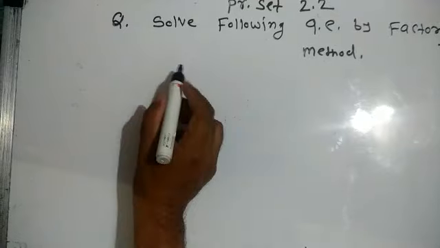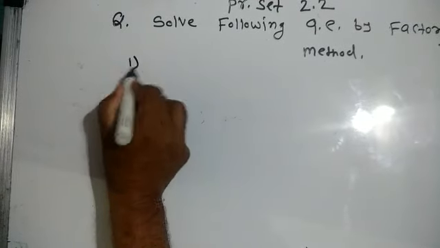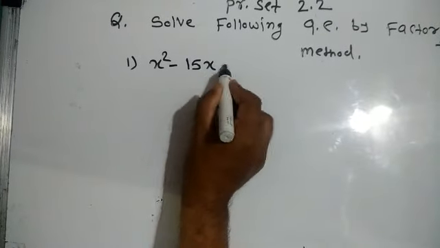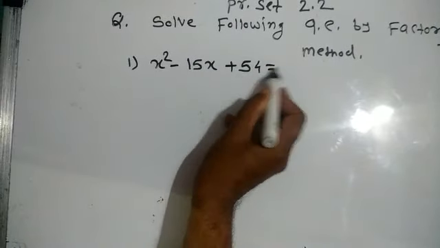And the first problem is x square minus 15x plus 54 is equal to 0.